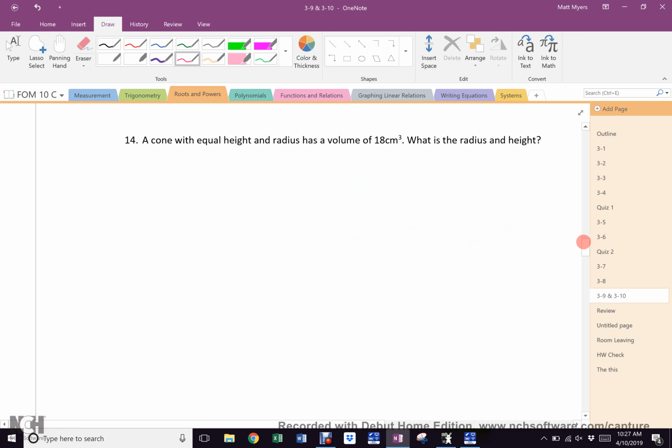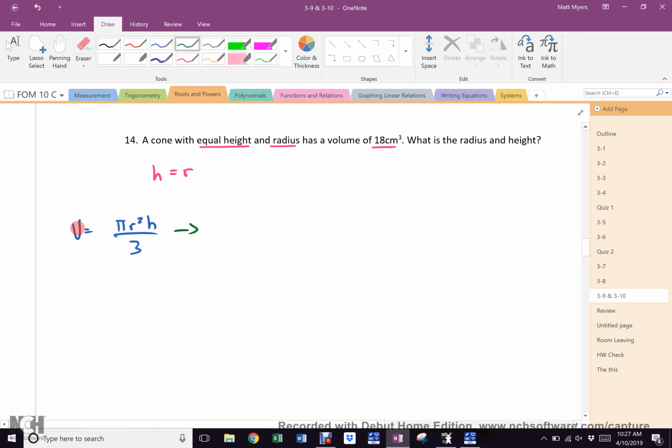Let's try 14. Equal height and radius. So h is the height. It equals my r. And it has a volume of 18. So a cone is pi r squared h, right? Divided by 3. Now let's change it to what we know.